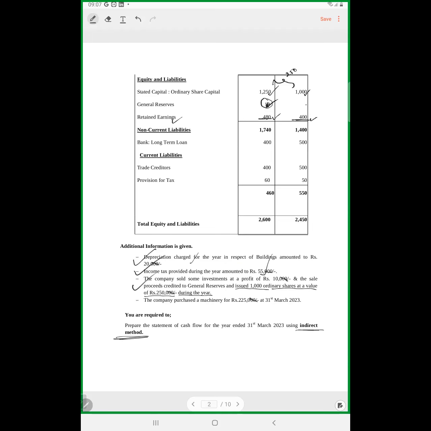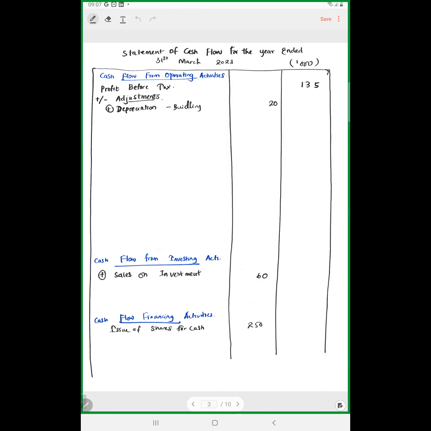The company has purchased, meaning the company has incurred 225,000. It means it should definitely be included in the investing activities. Yes, of course, we need to deduct. Purchase of machinery, 225 deduct.